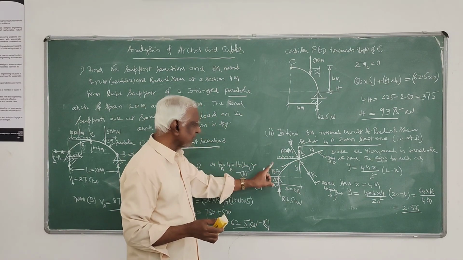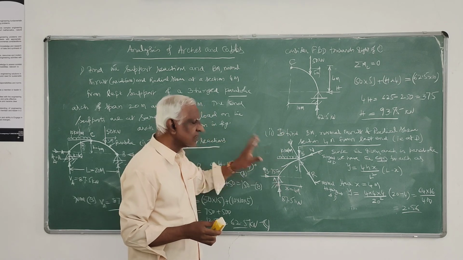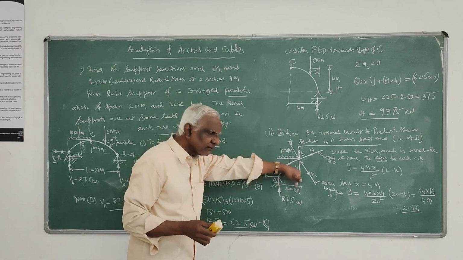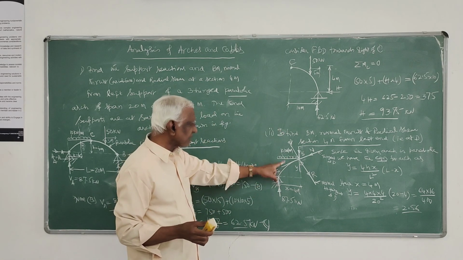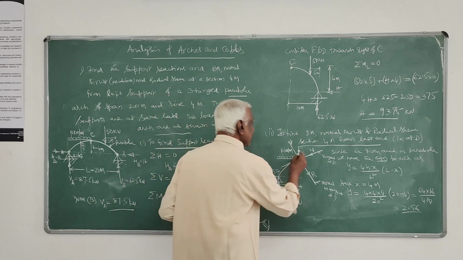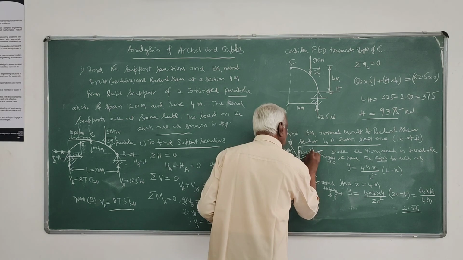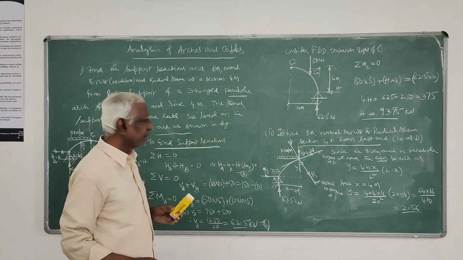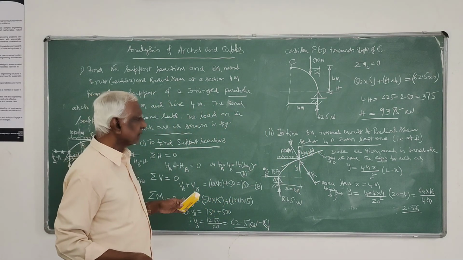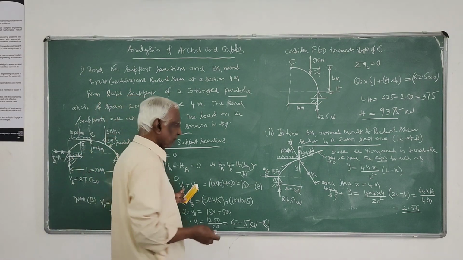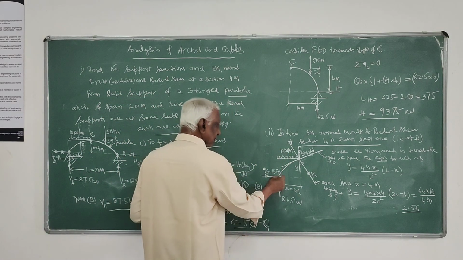That is 87.5 minus 40 plus Vd, and 87.5 minus 40 is 47.5. That is your Vd. Similarly, sigma H equals 0.